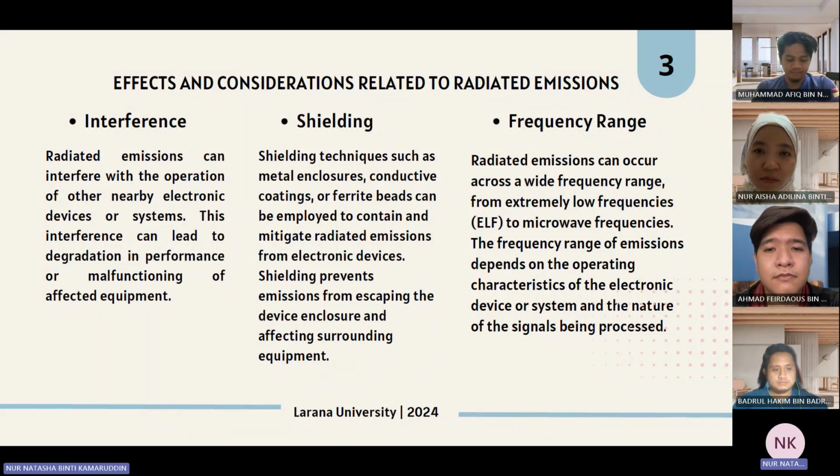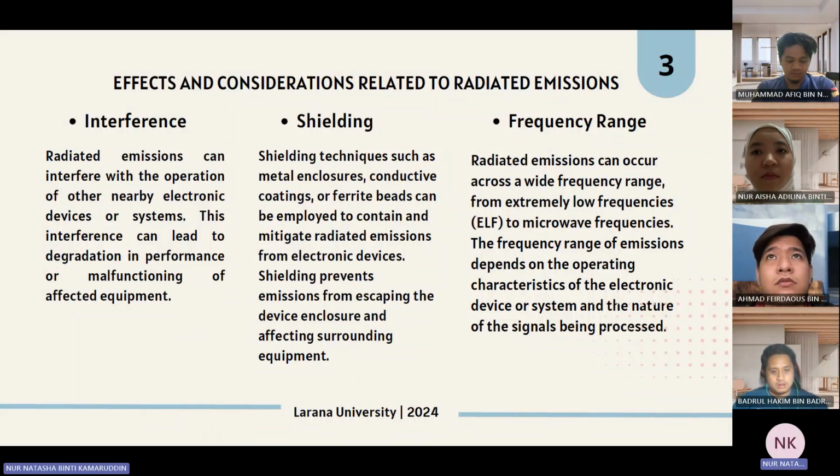So the next effect is shielding, which is shielding techniques such as metal enclosures, conductive coatings, or ferrite beads can be employed to contain and mitigate radiated emissions from electronic devices. Shielding prevents emissions from escaping the device enclosure and affecting surrounding equipment.